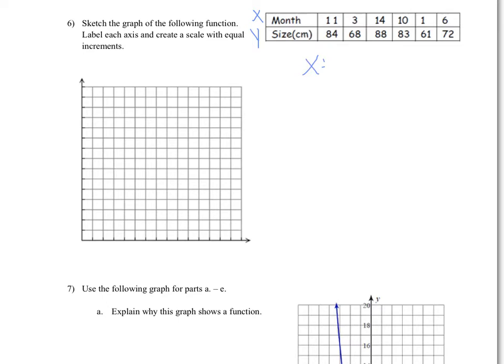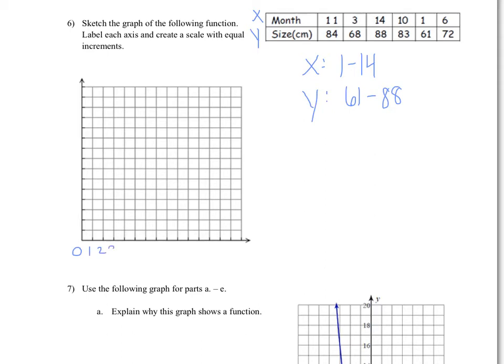Well, we can see our smallest x value is going to be 1, and our largest x value is going to be 14. For y's, our smallest value is going to be 61, and our largest value is going to be 88. So we want to make sure that our increments and our labels cover these points. If you count, you'll see that there are 15 boxes, so the x should be pretty easy.